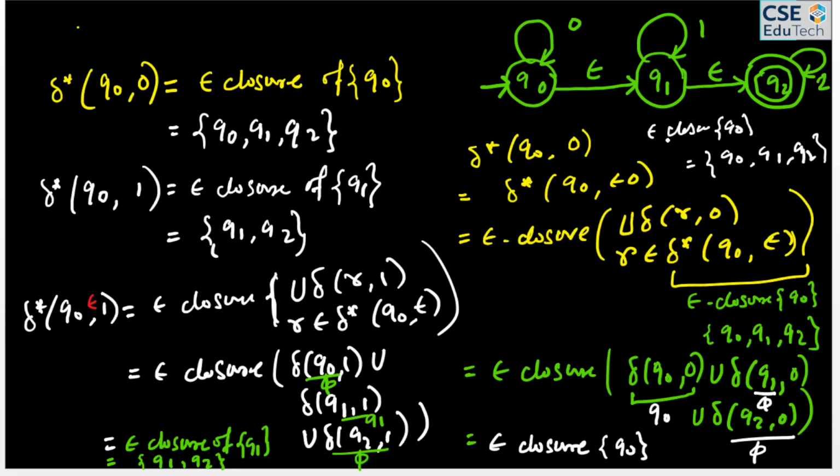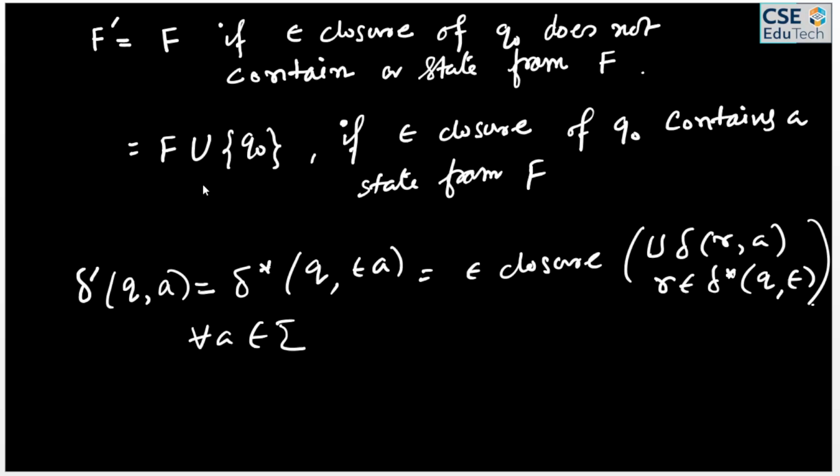So if we find that the epsilon closure of Q0 contains a final state, then it will go to the second definition. That means it satisfies the second, right? F union Q0.